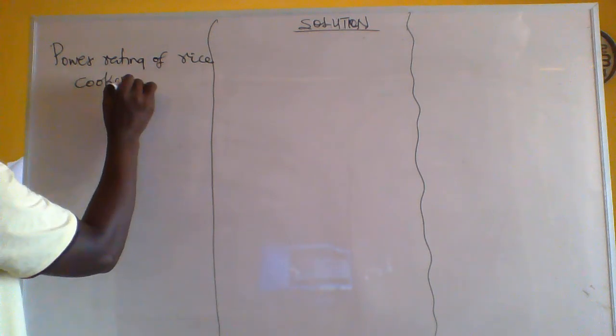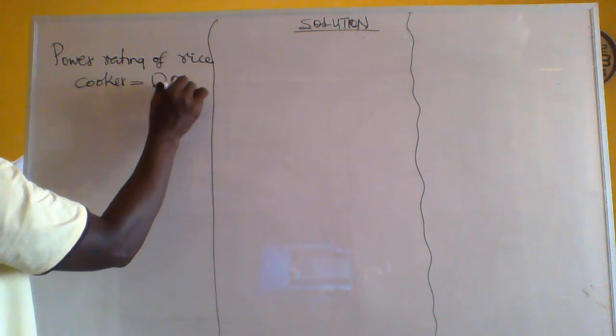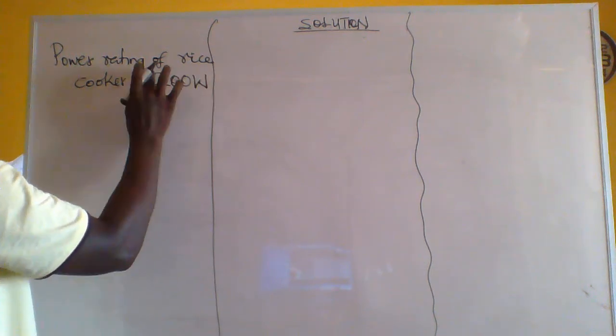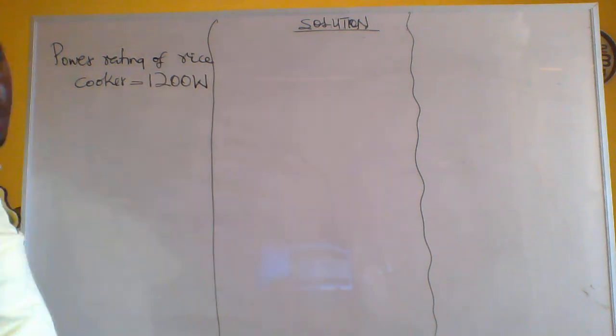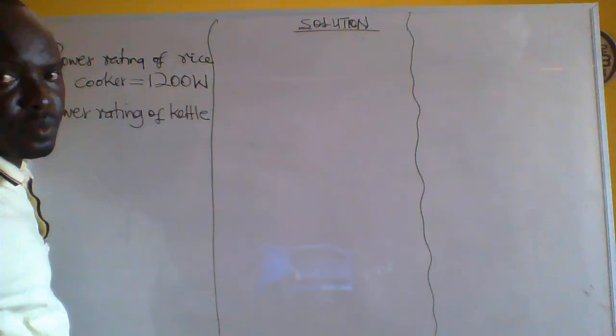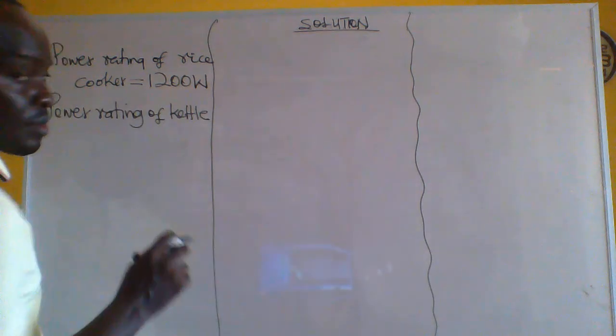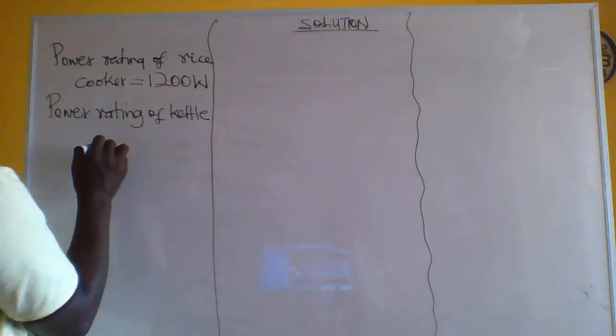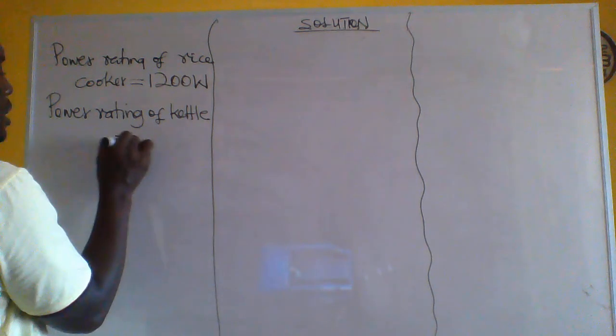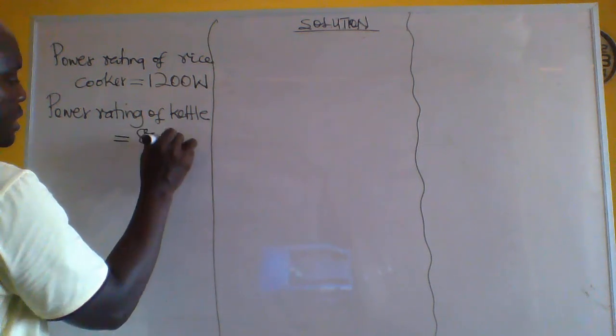We are told the power rating of the rice cooker is equal to 1,200 watts. So the power rating of the kettle is also 800 watts.